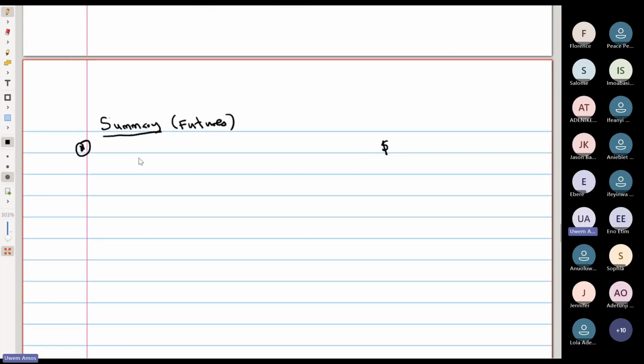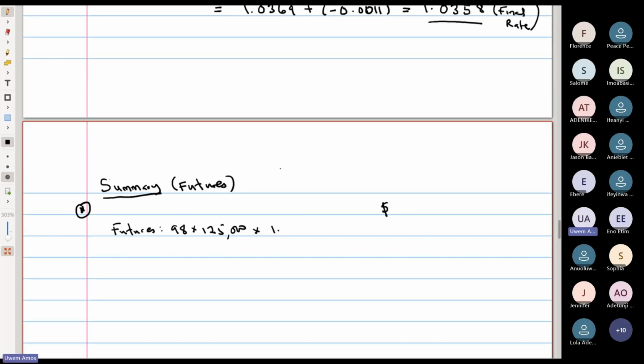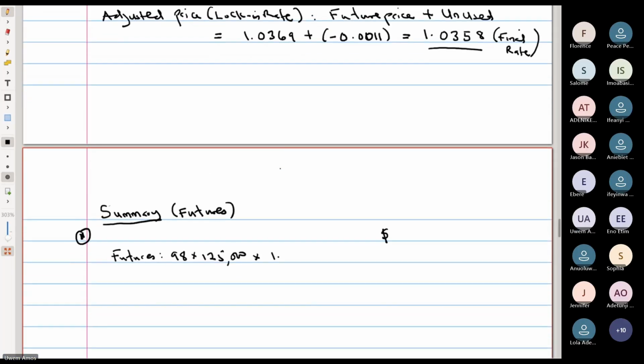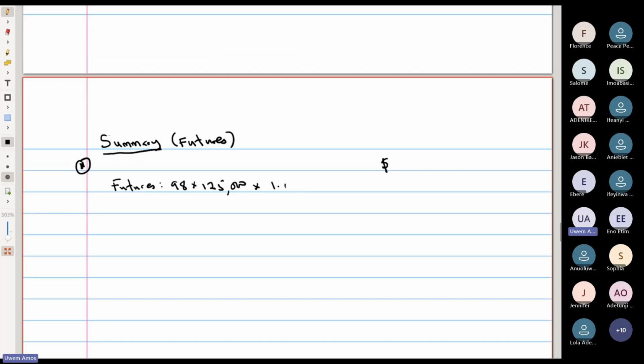So we bought 98, and each of these futures is 125,000. And our price is 1.0358. So what does that give us in dollars?